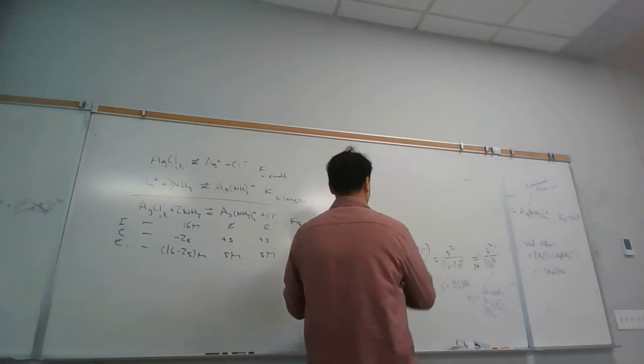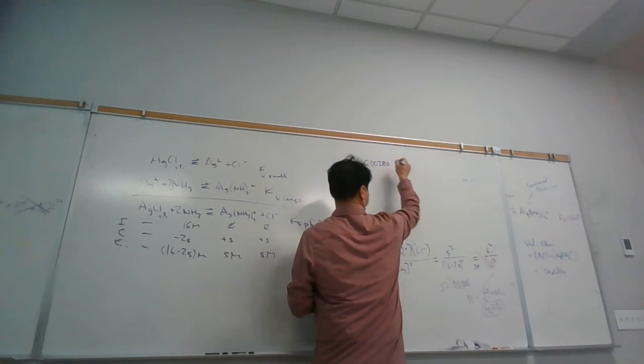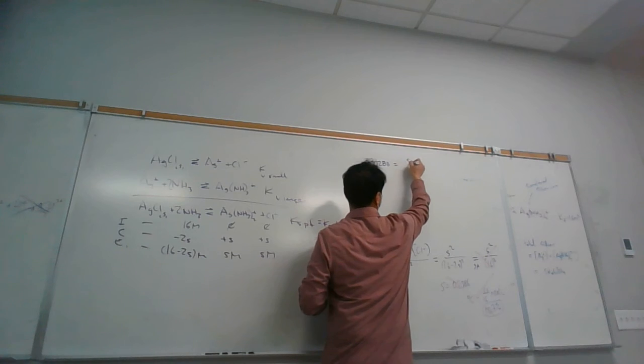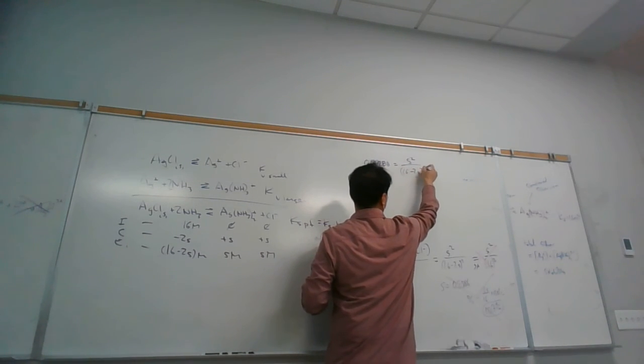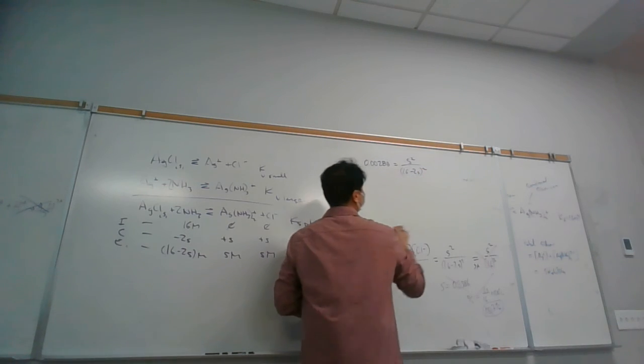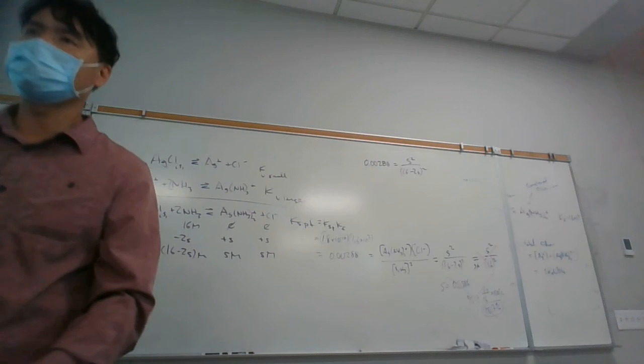It's going to be, I'll write it up here, 0.00288 is going to equal s squared over (16 minus 2s) quantity squared. So what should we do? Should we get it into quadratic form?